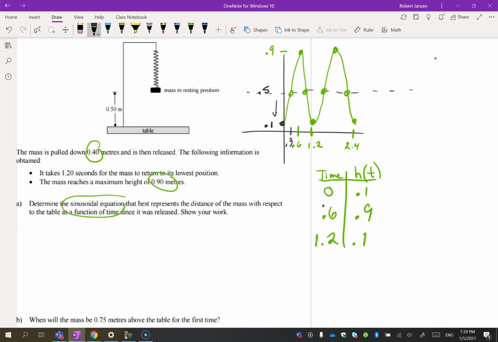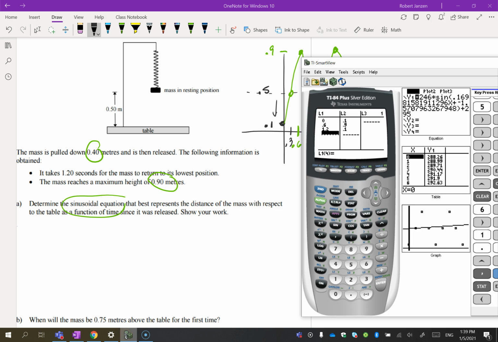So maybe I need to put 0.3 and 0.5 in here, and then 0.9 and 0.5 in here. Let's see if that's enough to make this work. And I don't have to put this in order, so I can put 0.3 once, and I can put 0.9, and then at 0.3 it was 0.5 and 0.5.